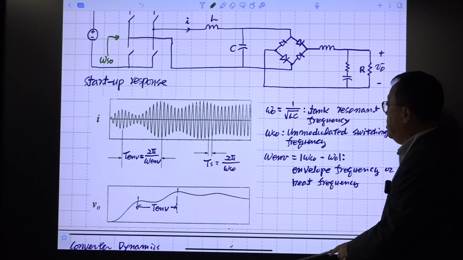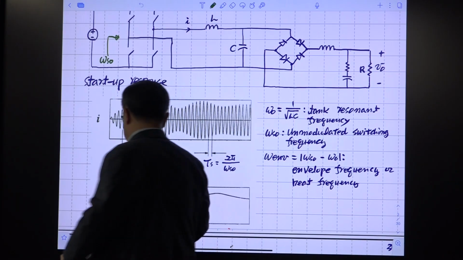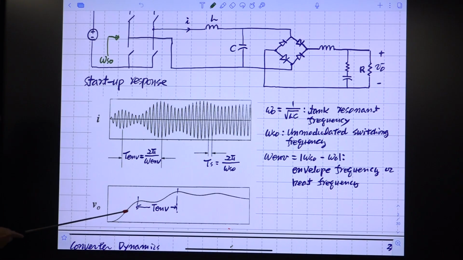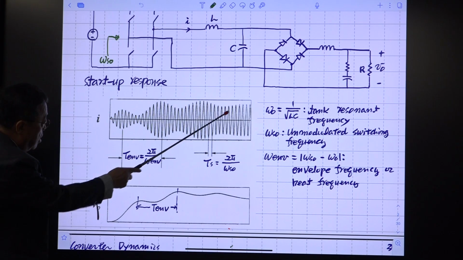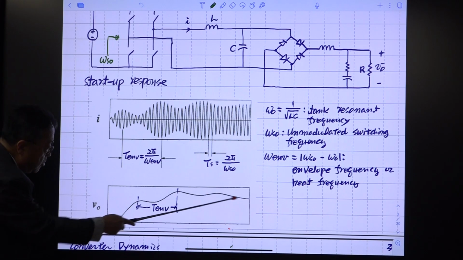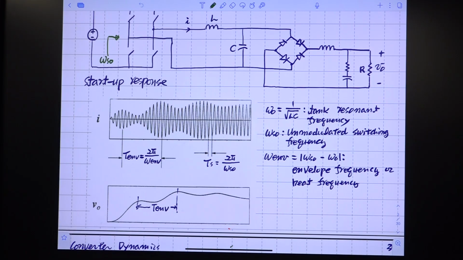Right? And if you see this dynamics, the output voltage follows this envelope dynamics. So this is the typical waveform of output voltage. This beat dynamics here is reflected here. What we are trying to do is find some equation or expression, because we want to understand the relationship between this variation in switching frequency and this dynamics.